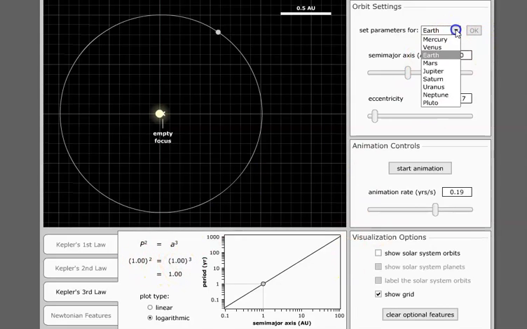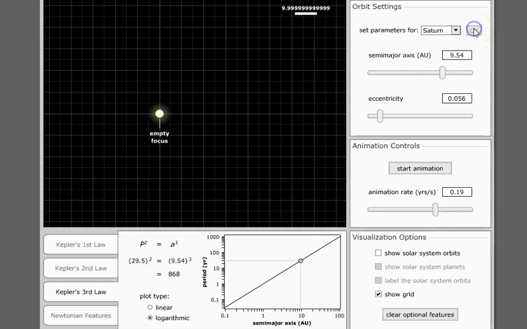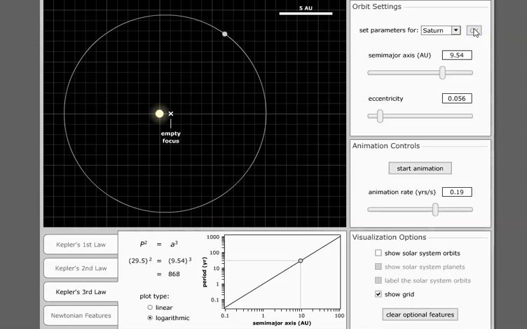So if we picked any other planet in the solar system, say Saturn, from astronomical data, we can see that Saturn has an orbital period of 29.5 Earth years. So if we were to square 29.5, then take the cube root, it would give us 9.54. That tells us that Saturn is 9.5 times further from the Sun than Earth. It's 9.5 astronomical units, and you can see that it falls along this line.